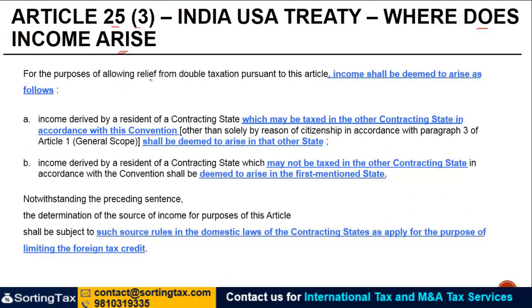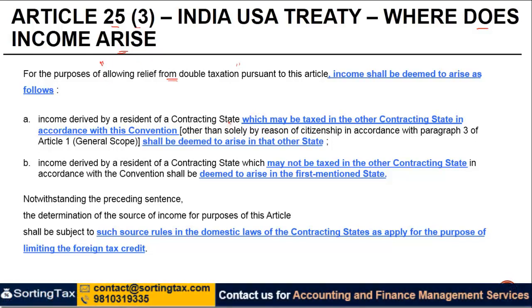For the purpose of allowing relief from double taxation pursuant to this article. Now, what this first line says is that the rules we are going to discuss, for the purpose of income which shall be deemed to arise, are only meant for the purpose of allowing relief from double taxation.